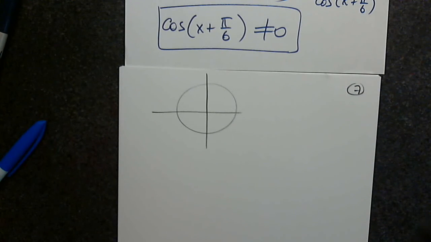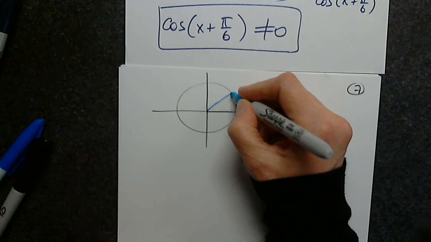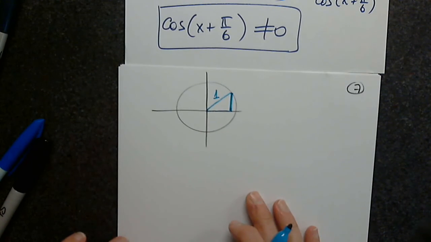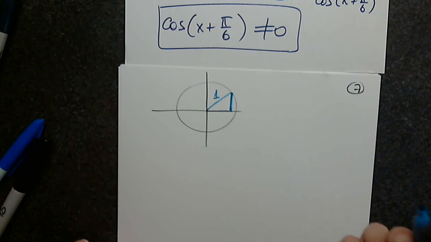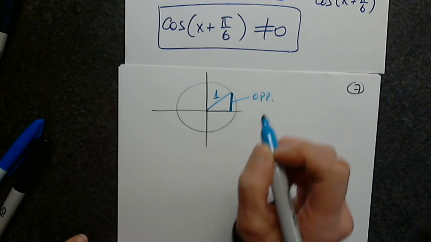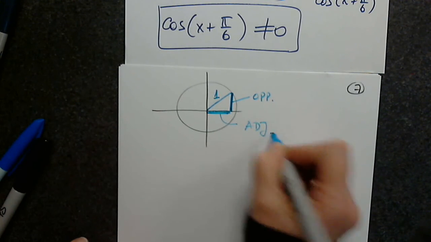So let me picture that for you because you may have forgotten. A central angle is this. This is the opposite, and the unit circle has 1 as the radius. This is the opposite. This is the adjacent.